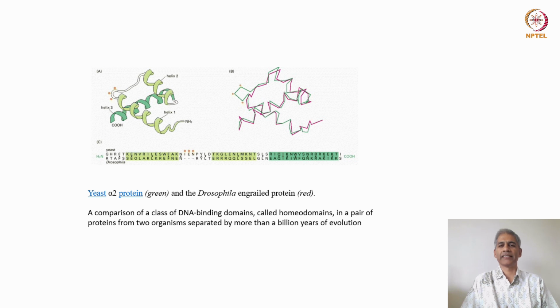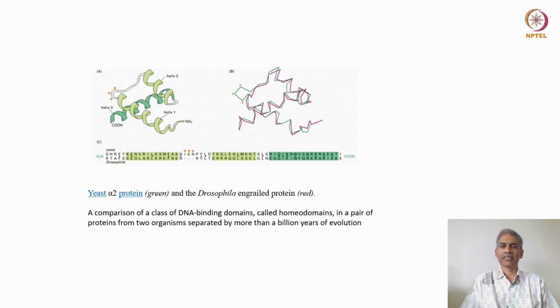So in this slide, you can see a comparison between a protein from yeast and a protein from the fruit fly Drosophila melanogaster. So if we look at C, what has been given there is the amino acid sequence for both these proteins in yeast and Drosophila. And the colored sections of these proteins are the ones which form specific structures, 3D structures, in both yeast and Drosophila.